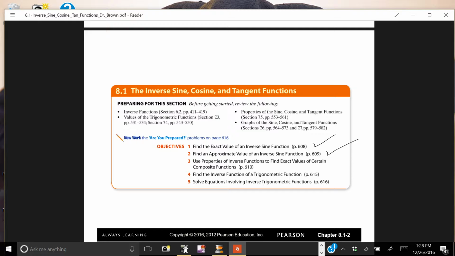Then we're going to use the properties of inverse functions to find exact values of a certain composite function. Then we're going to find the inverse function of a trig function, and then solve some equations involving trigonometric functions.